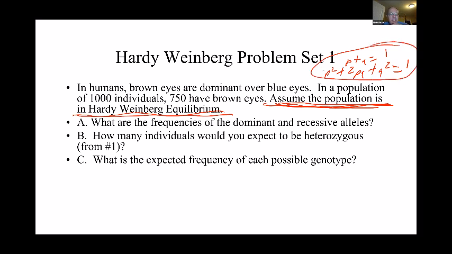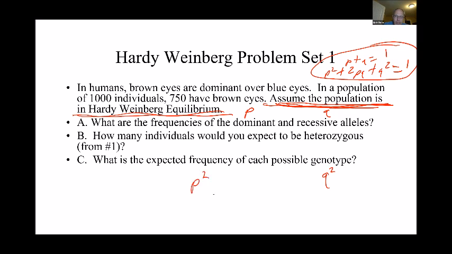Notice the first thing it asks us for are the frequencies of the dominant and recessive alleles. Remember, the dominant allele is P, and the recessive allele frequency is Q. When you're working this type of problem, the thing you want to find first is Q squared, the frequency of individuals that are homozygous recessive.